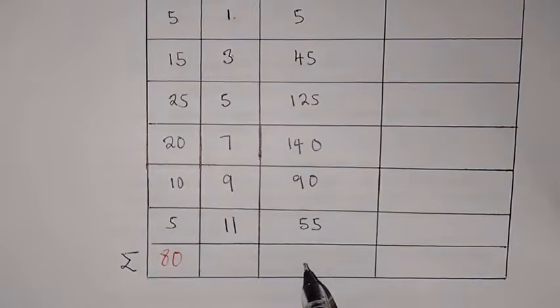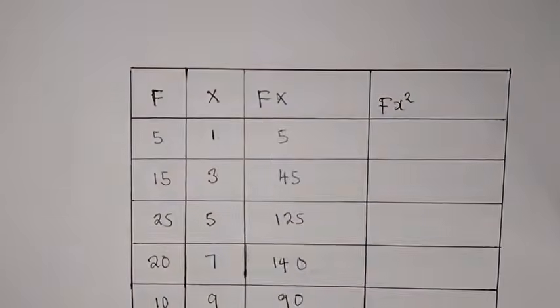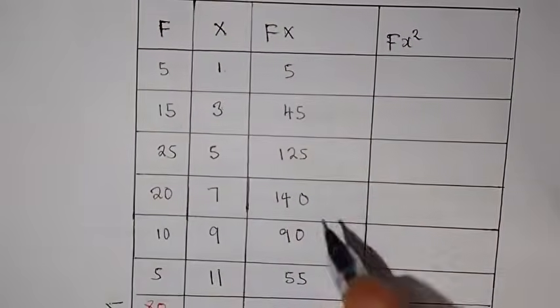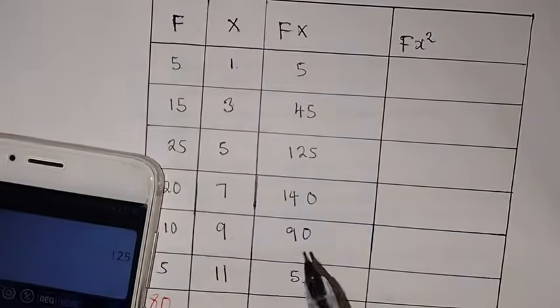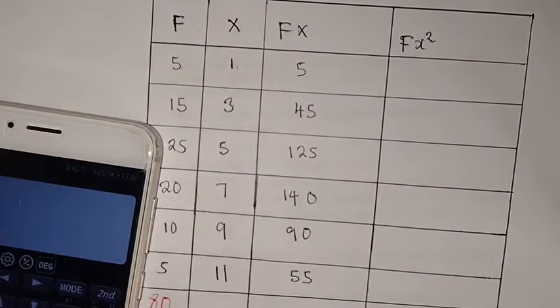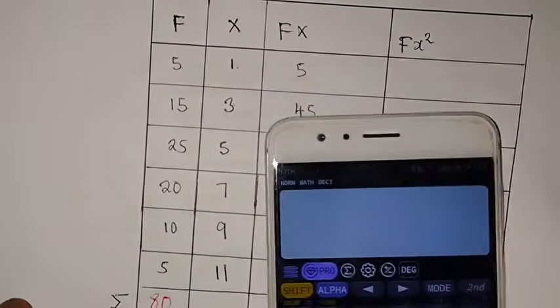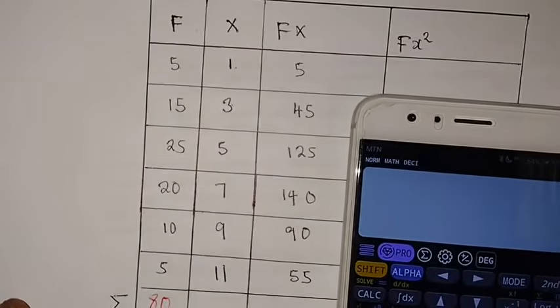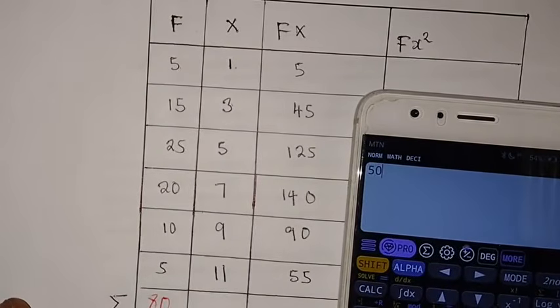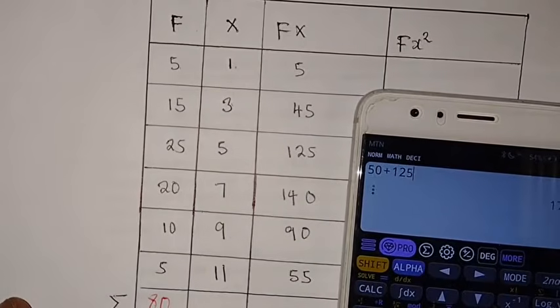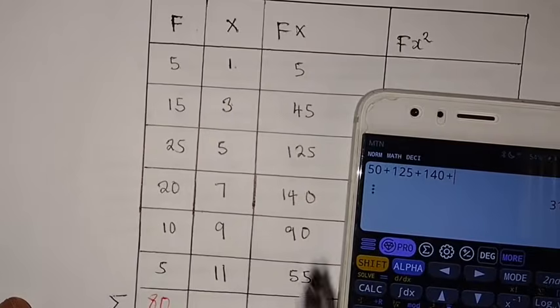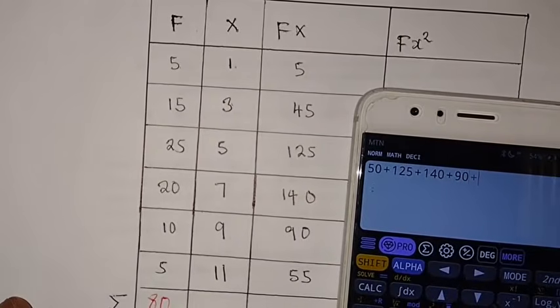Now we need to find the summation of this fx. Remember, this is fx, so we need to add these values. So what we are going to do is 5 plus 45, it's 50. So we just need to add. So you add 50 plus this 125, again plus this 140, again plus this 90, again plus this 55.